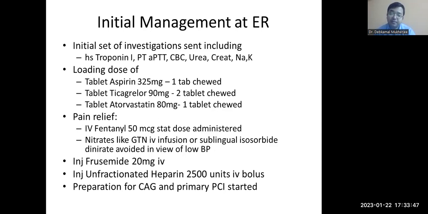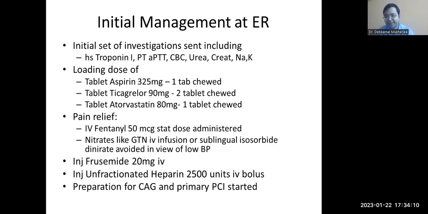And since this patient was also having heart failure, he was given a furosemide 20 milligram injection and an unfractionated heparin bolus of 2,500 units was given, keeping in mind that he was being prepared for a primary coronary intervention.